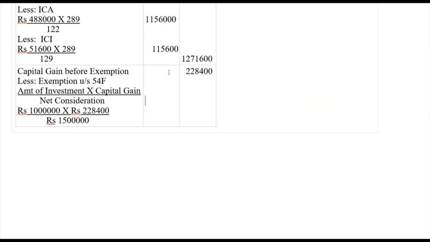We are going to arrive at rupees 1,52,267.